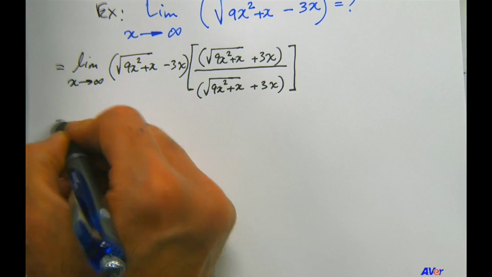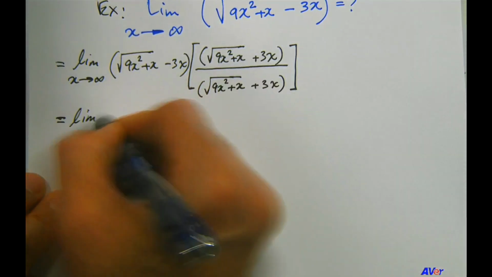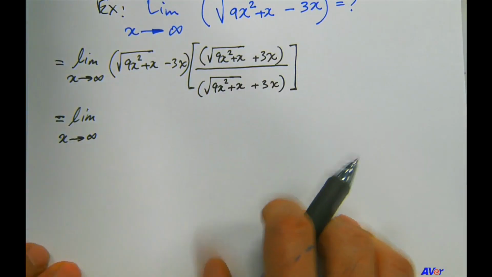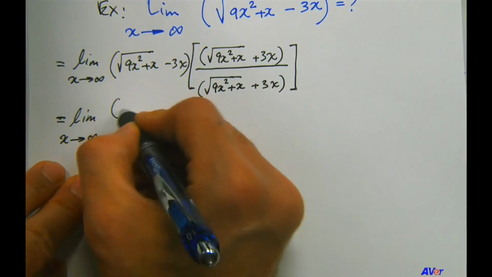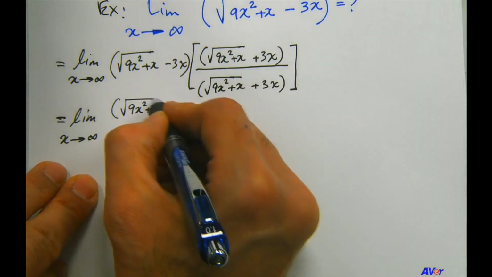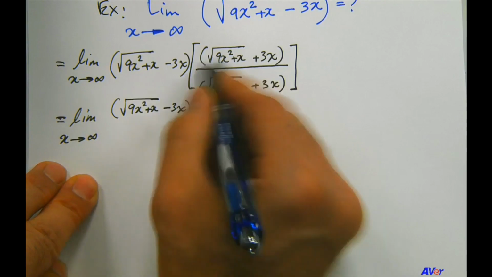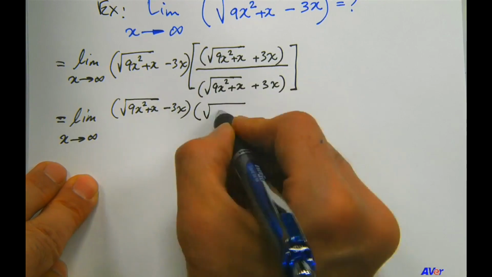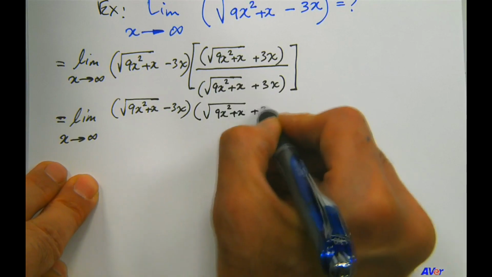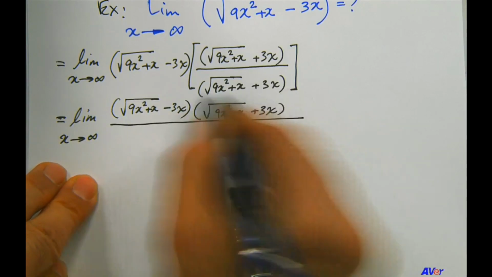Okay, so what do we have? Then let's multiply these. So limit as x goes to infinity of square root of all of this, 9x squared plus x minus 3x times all of that, square root of 9x squared plus x plus 3x, divided by all of this.